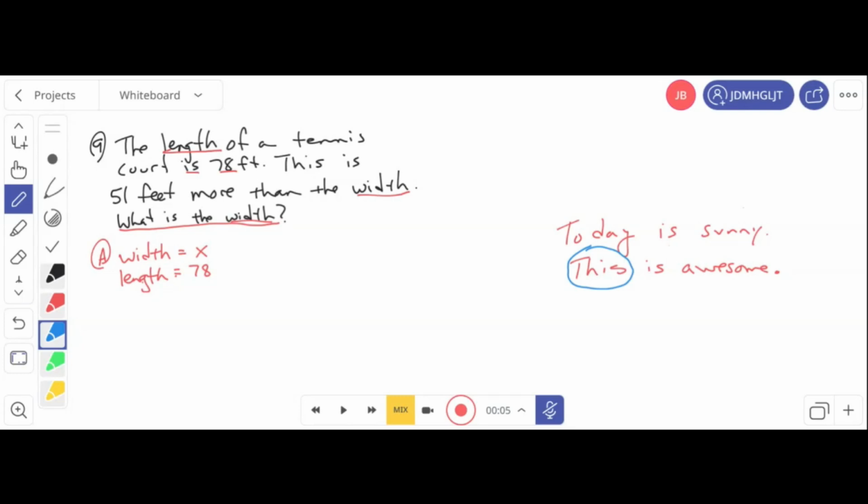We use the word this all the time. In this particular instance, what does this refer to?